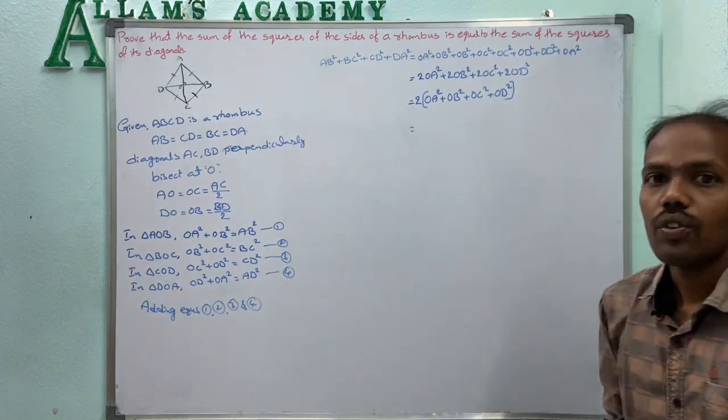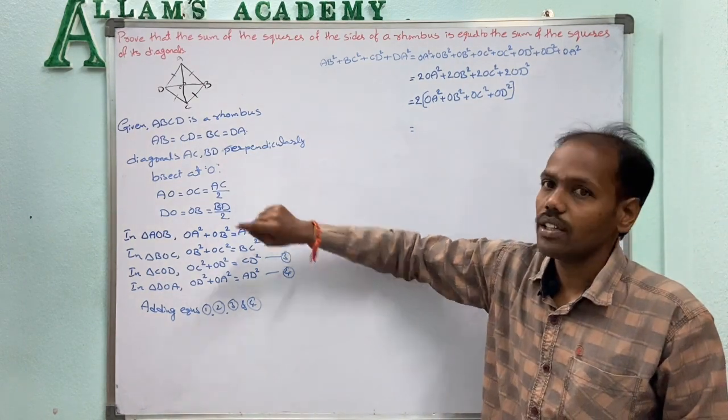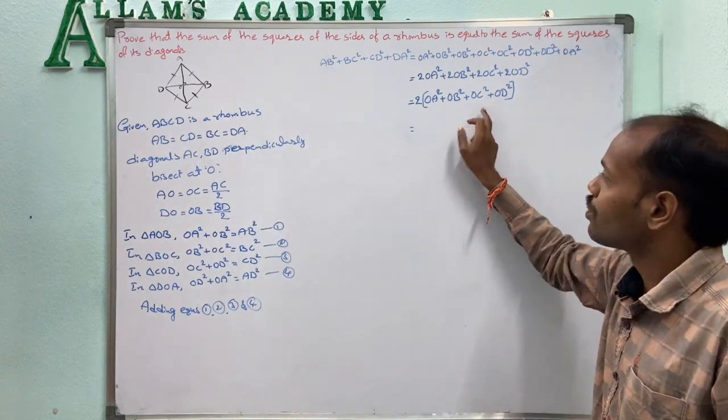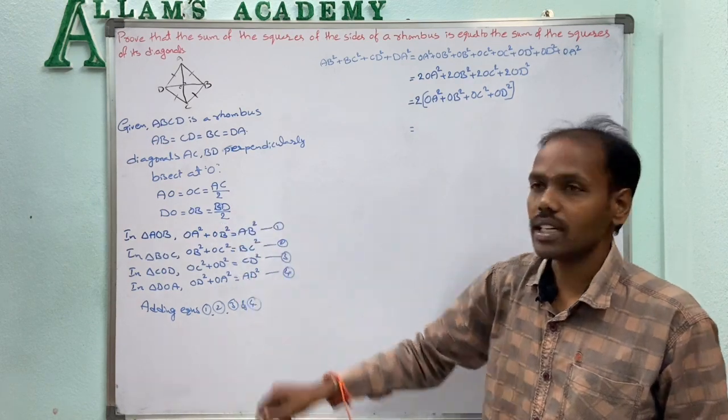Now OA means AC by 2, OB means BD by 2, OC means AC by 2, OD means BD by 2.